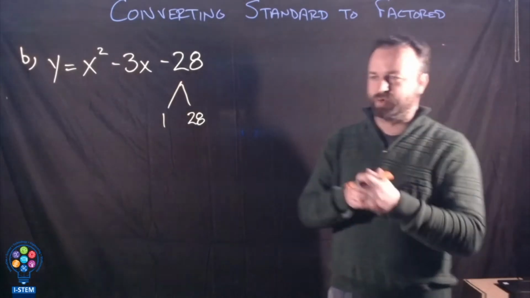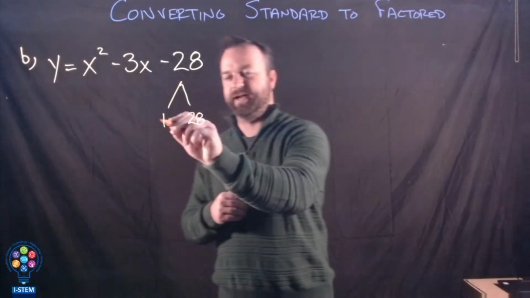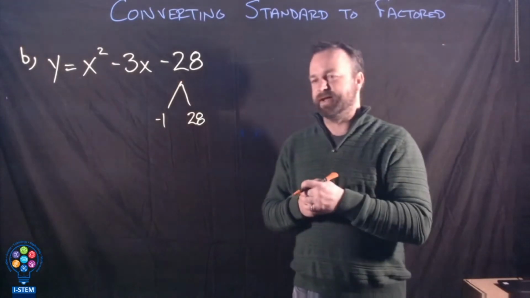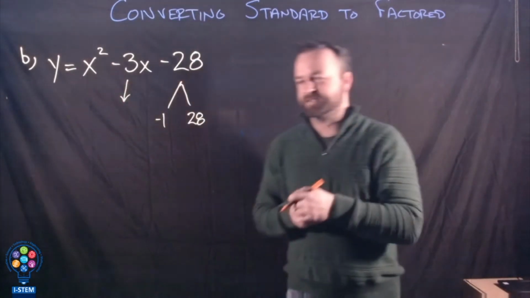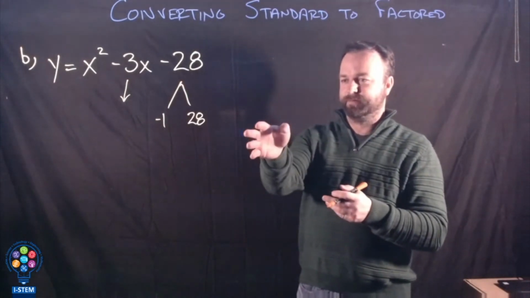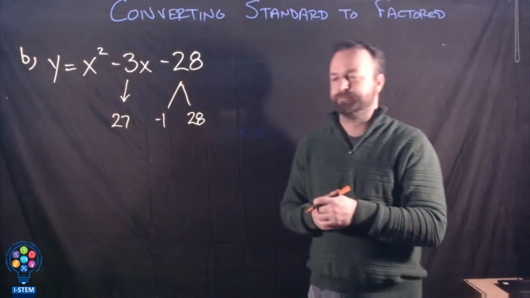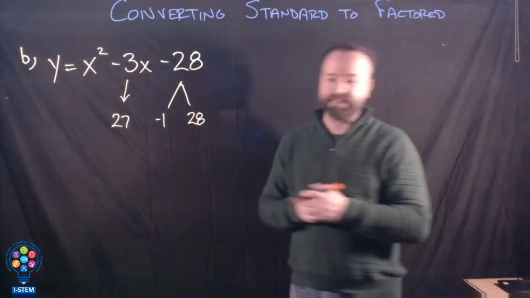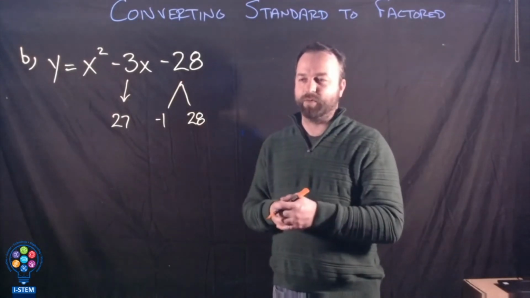Okay, which one do you want to make negative? 1. Okay. So I got negative 1 times 28. So that equals negative 28. This also needs to add to negative 3. Negative 1 plus 28 is positive 27. So I know that doesn't work. We arbitrarily picked to make 1 negative.